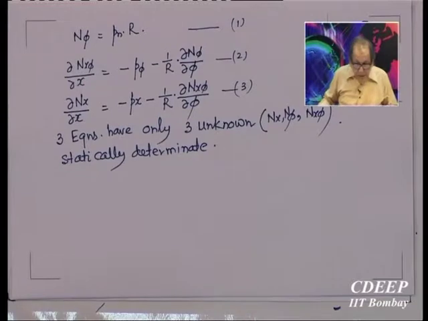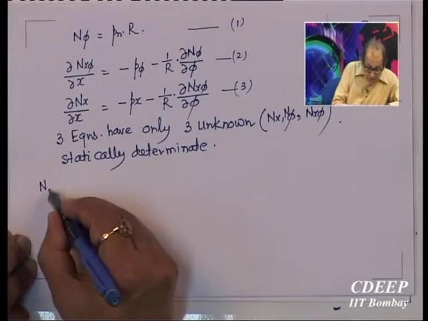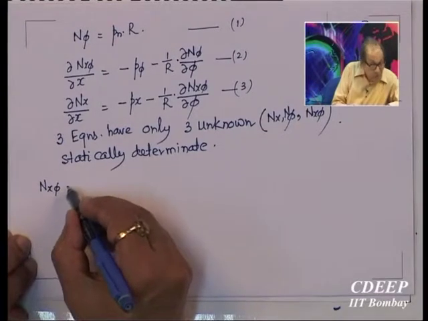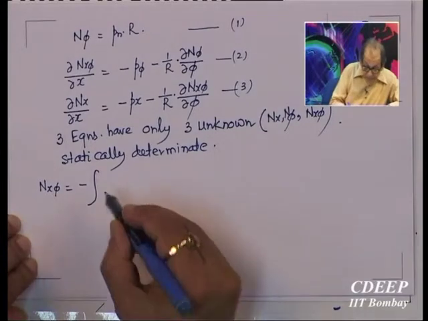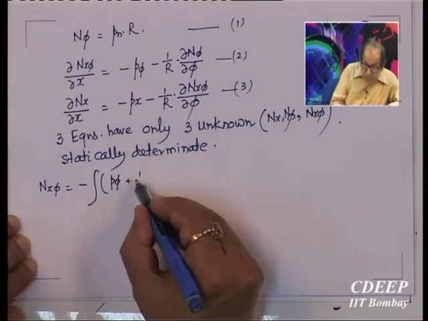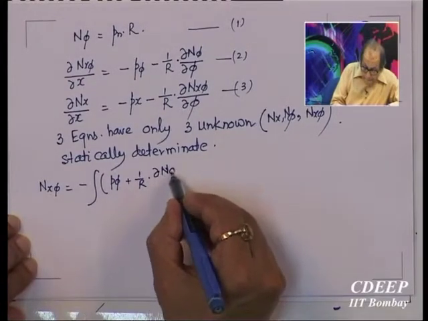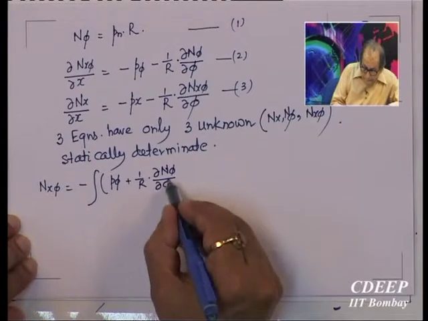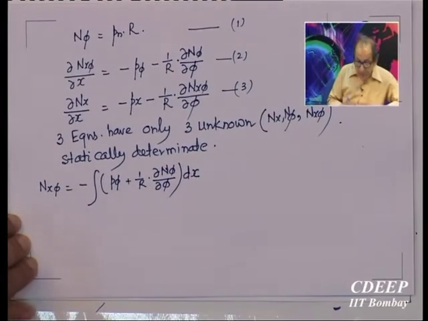Now, if you take n x phi, how do you get n x phi? It is equal to minus the integral of p phi plus 1 by r, dx.